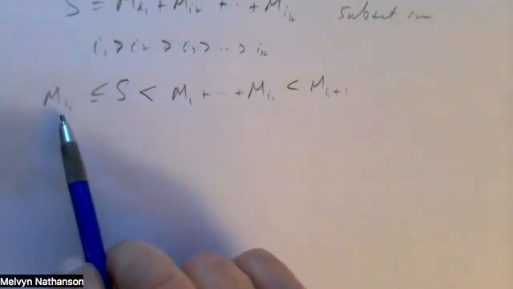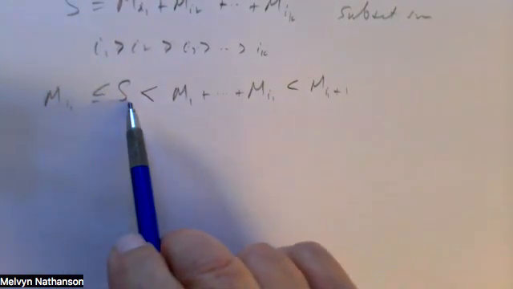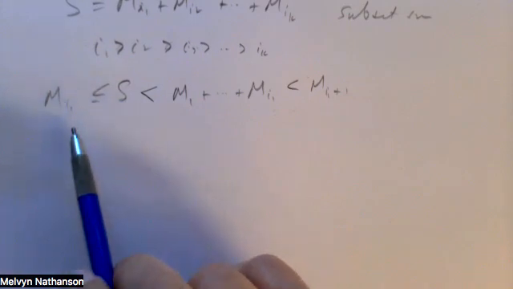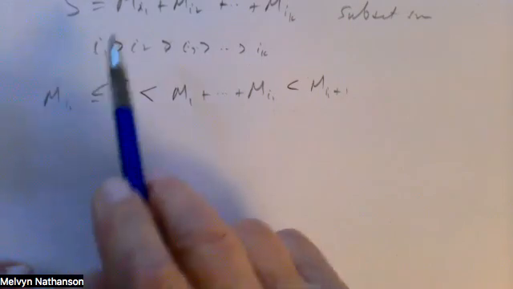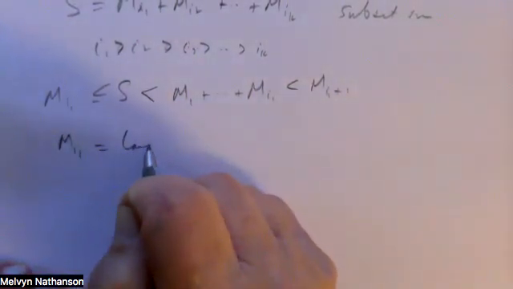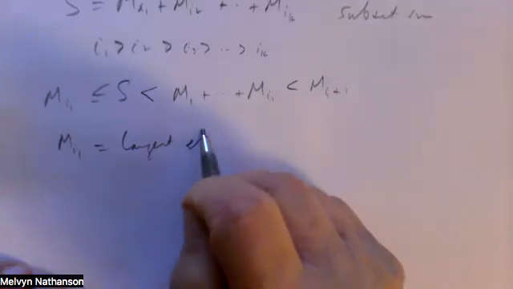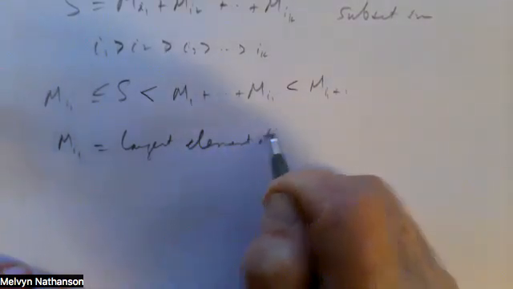So if M sub I1 is the largest summand, then S is strictly less than M sub I sub 1. So M sub I1 is the largest element of M which is less than or equal to S.